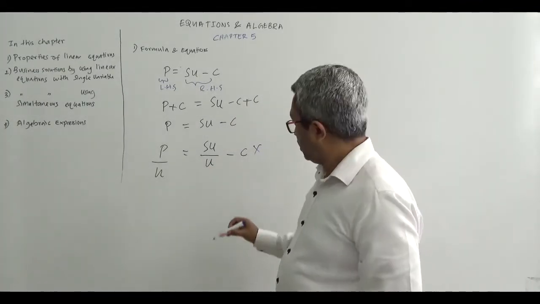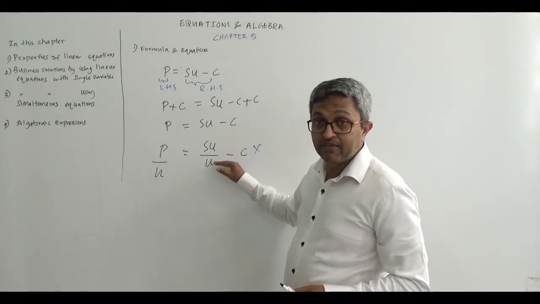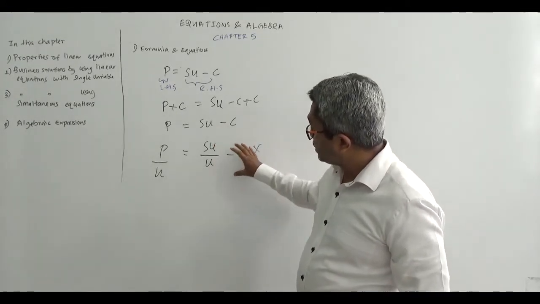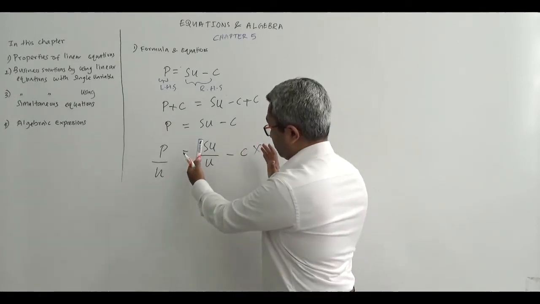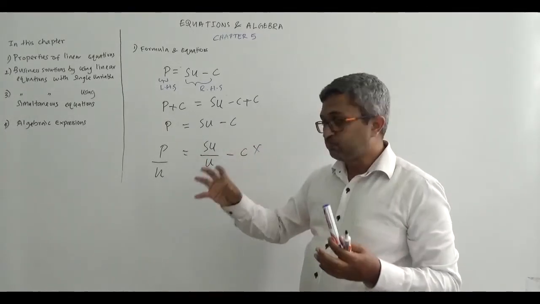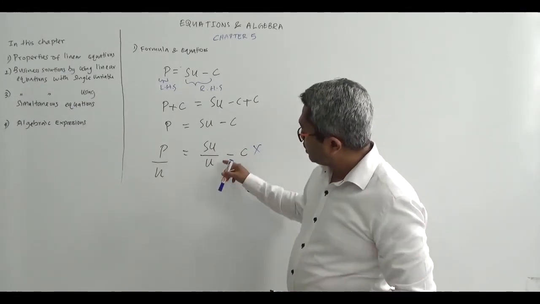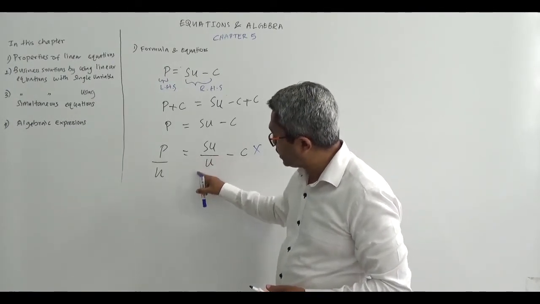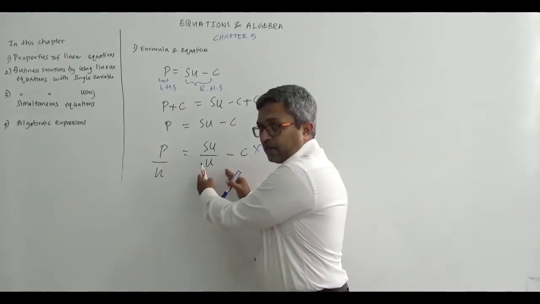Why is it wrong? Because we did not divide the whole side. Division or multiplication on both sides has to be done to the full side. Now you see here you have divided only part of the right hand side, while on the left you have done the full side.